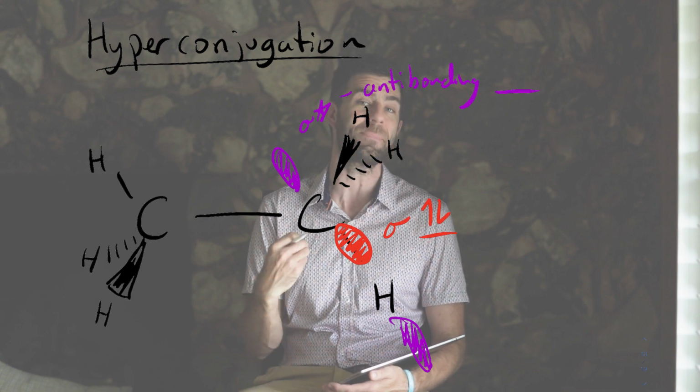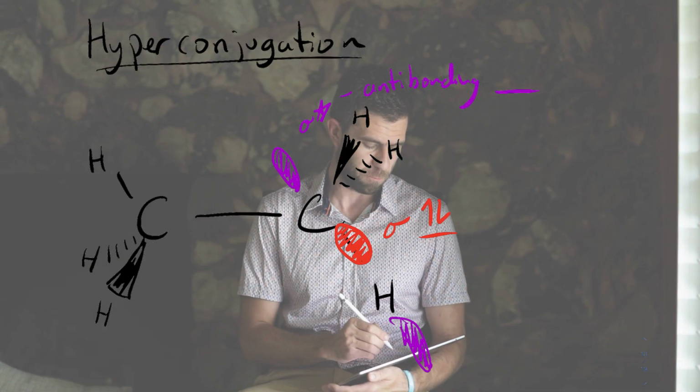No, it's empty. So the reason this bond forms and is strong is because this anti-bonding orbital, which is higher in energy than the sp3 and that s orbital, is empty. But the bonding, or the sigma orbital, which is lower than both of those, is full. So this is a favorable interaction to lower energy, and we end up forming a bond here.